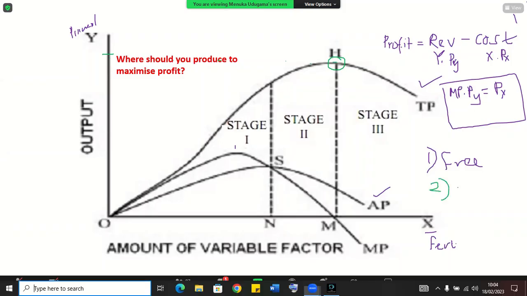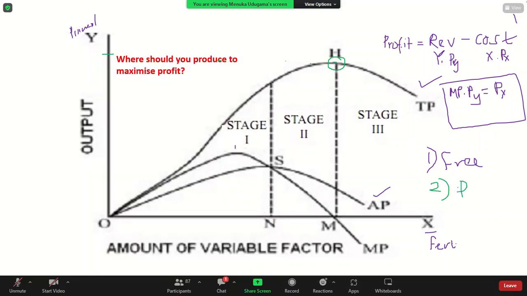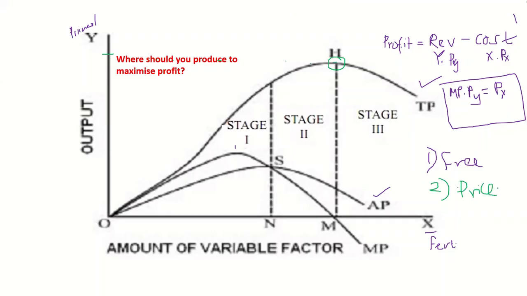But that's one scenario. The second scenario is when it's priced. We know nothing's free, so both are priced, the output and the input. Therefore, when it's priced, what would happen?